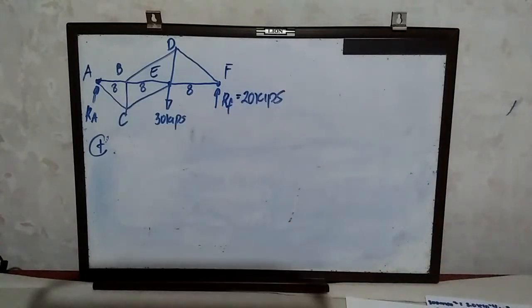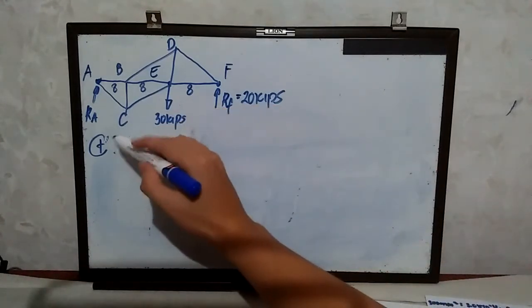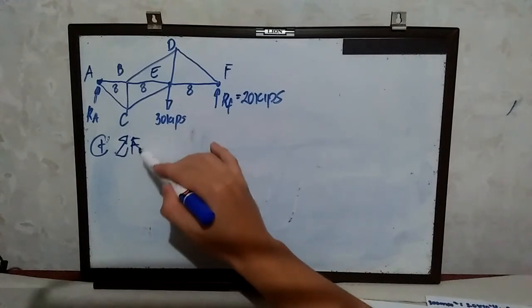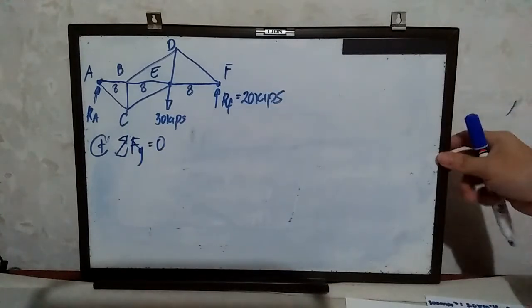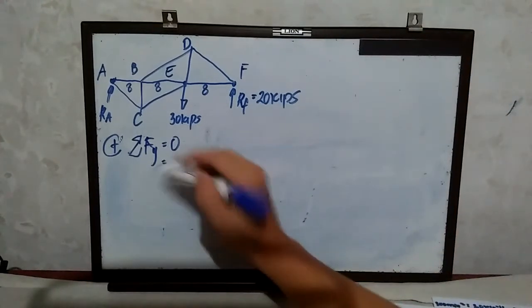We just need to apply the summation of forces along the y-axis. So it should be summation of forces along the y-axis equals 0. And upon doing that, we just need to add all of the forces acting on the y.